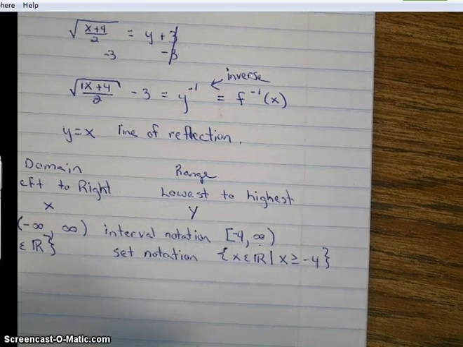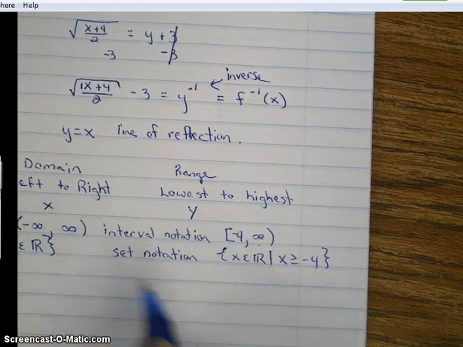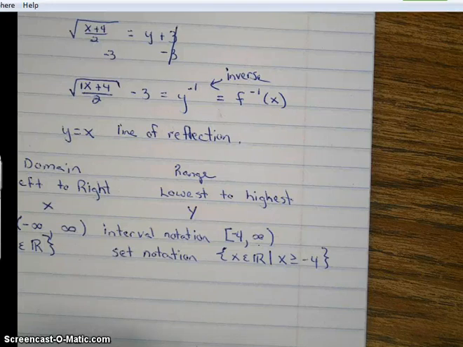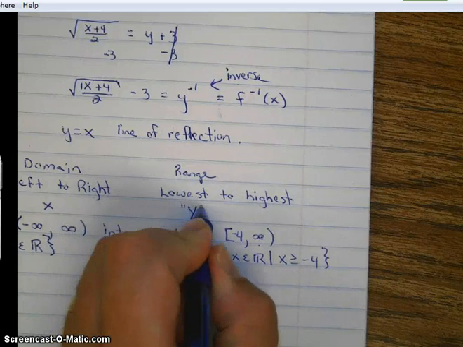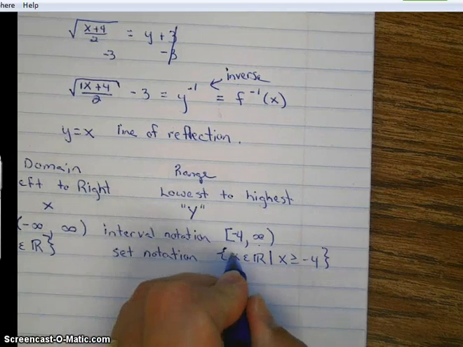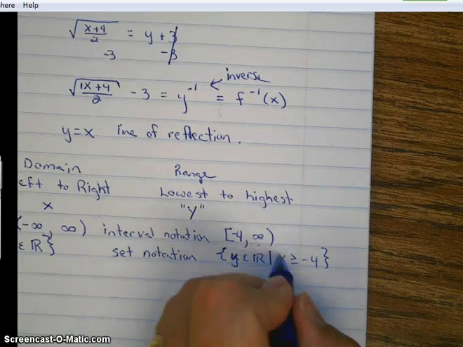And I keep doing this, and I apologize, and I think I did it on the other video too, but I caught myself. What mistake did I make? Range is y. So I apologize. I'm tired and I don't know what I'm thinking.